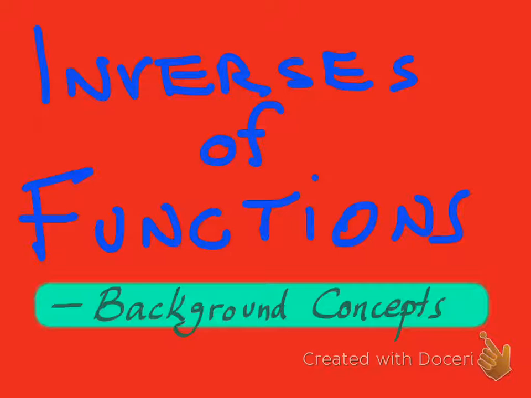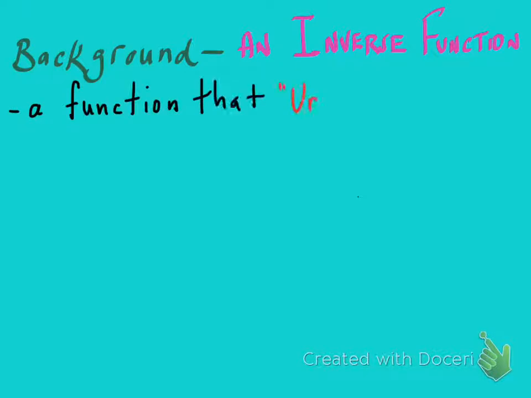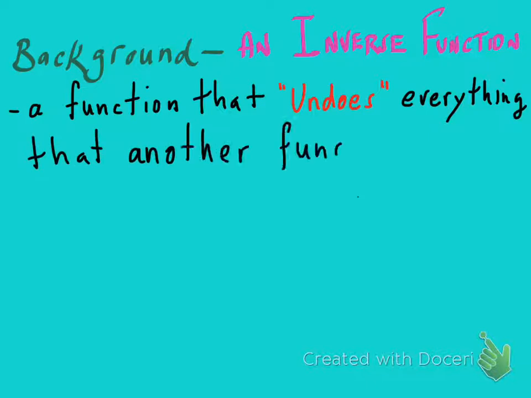Okay, so there are many different ways that you could actually define what an inverse function is. Some of them are really complicated and difficult to work your way through. I think a fairly simple way is to say that an inverse function is a function that undoes everything that another function does. Okay?